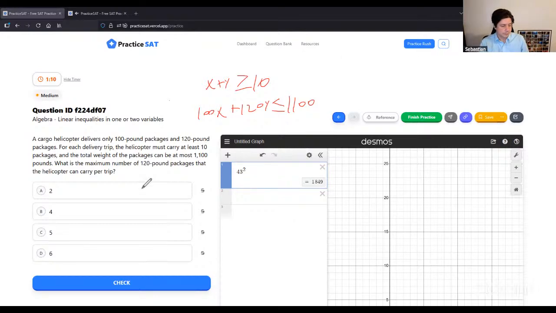So yeah, if you look at this, right? Oh yeah, it can't be that one. All right, so we could just graph again.